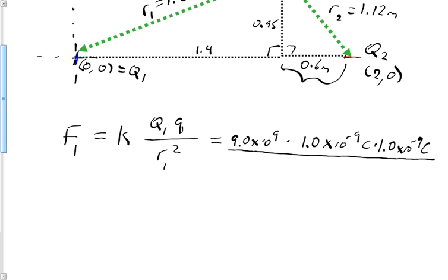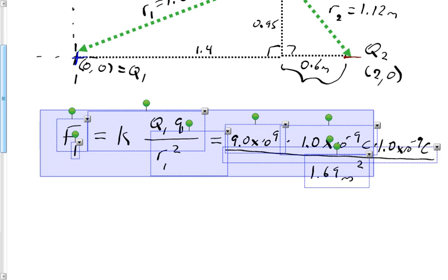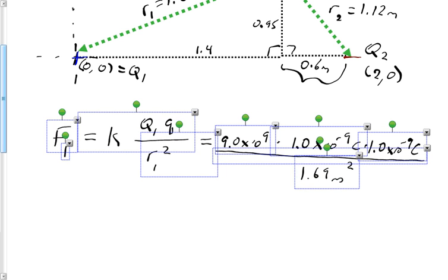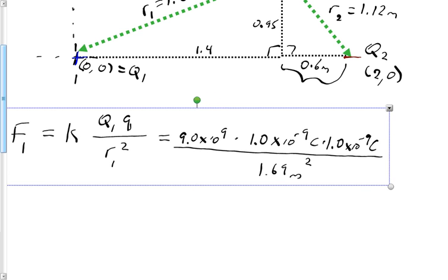That's all over 1.69 meters squared. Sorry, I'm just now throwing some units in there. But I'm going to take all that. In fact, let me take this, move it over, so that way I can leave a little more room.